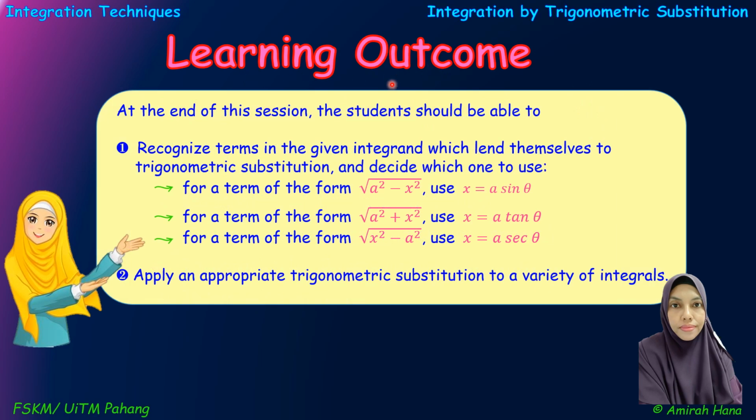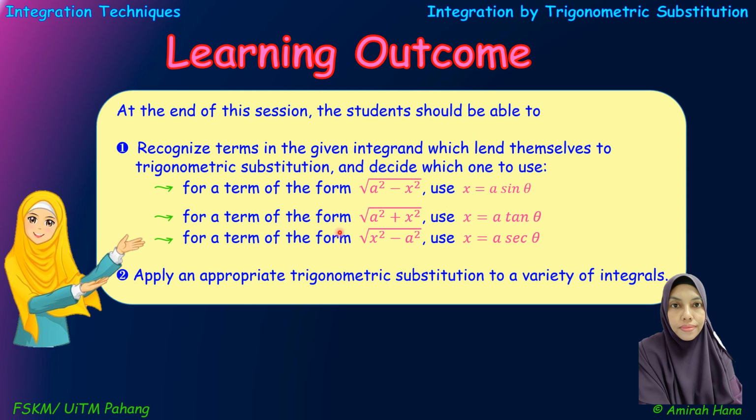Learning outcome. At the end of this session, the student should be able to, number 1, recognize terms in the given integrand which lend themselves to trigonometric substitution and decide which one to use. For a term of the form square root of a squared minus x squared, use x equals a sin theta.